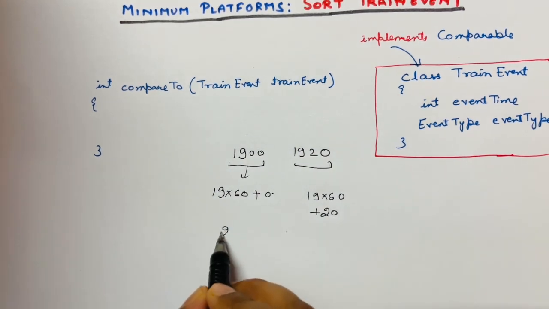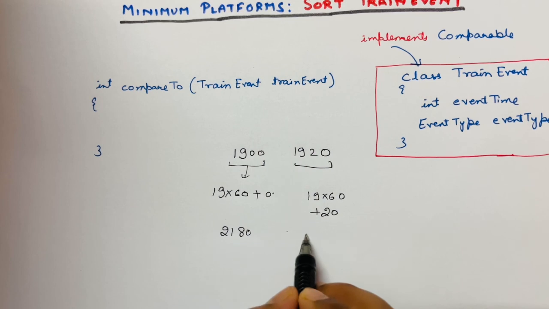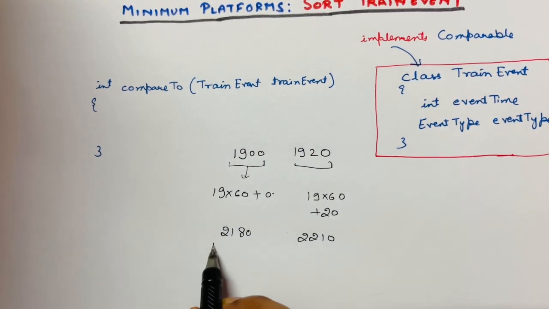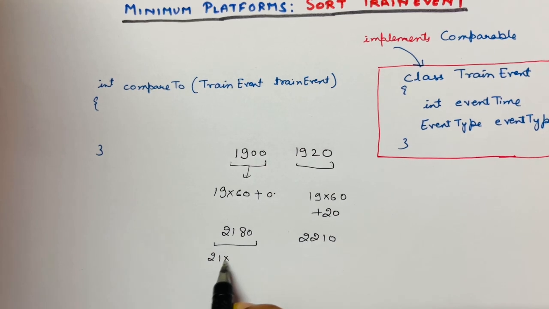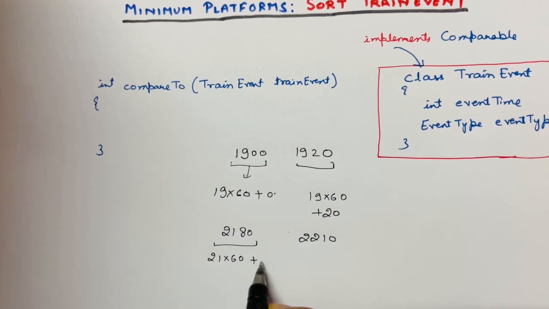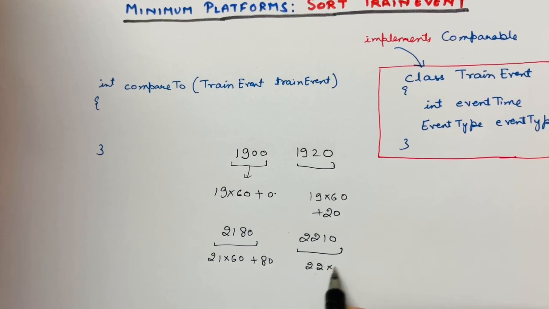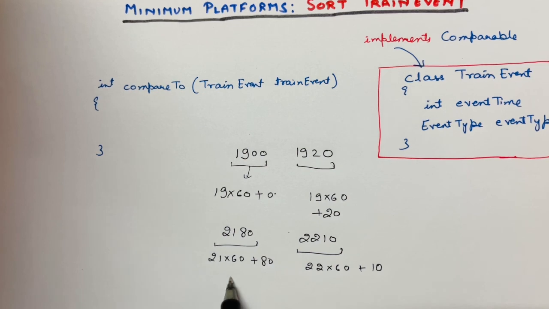Similarly, let's say it was 2180 or 2210. Let's try to compare which of them is greater. Now this will be 21 into 60 minutes plus 80 minutes, and this will be 22 into 60 minutes plus 10 minutes. So we'll find that this one is greater.